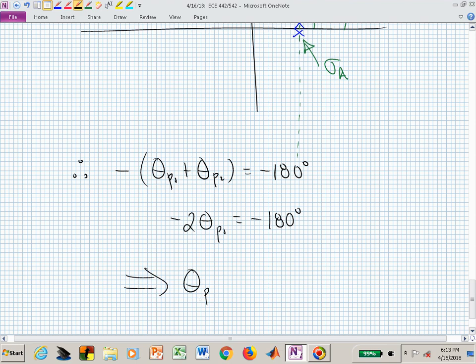I now know that theta sub p1, which is in fact the fundamental angle of that asymptote, phi sub a, is minus 180 divided by minus 2, or my asymptote angle is 90 degrees.